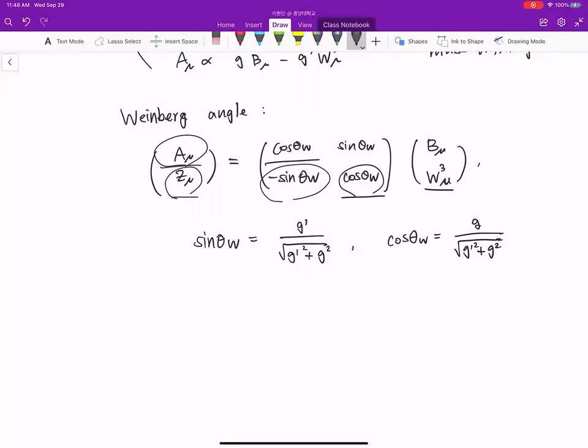So because of that, the combination g prime B mu appearing in the mass term can be written in this form, with only the Z boson, and the photon doesn't appear.